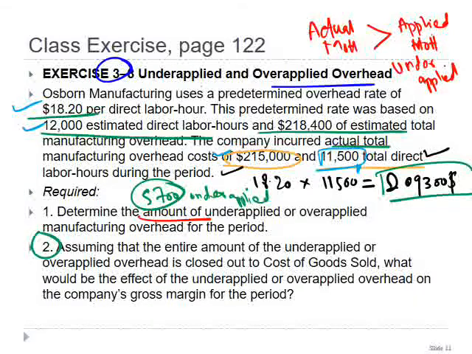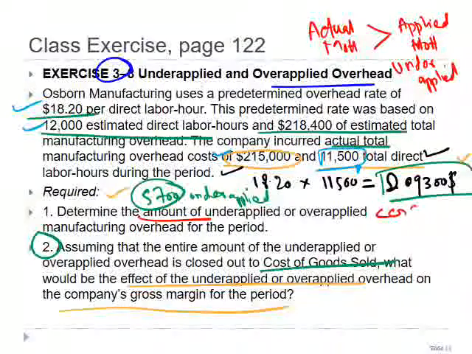So part 2 is that assume that the entire amount of under applied or over applied overhead is closed out to cost of goods sold. So what would be the effect of under applied or over applied overhead on the company's gross margin or profit for the period? Because we charged less, this amount will be added to cost of goods sold.